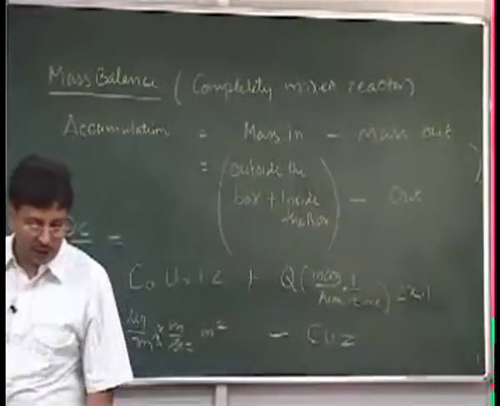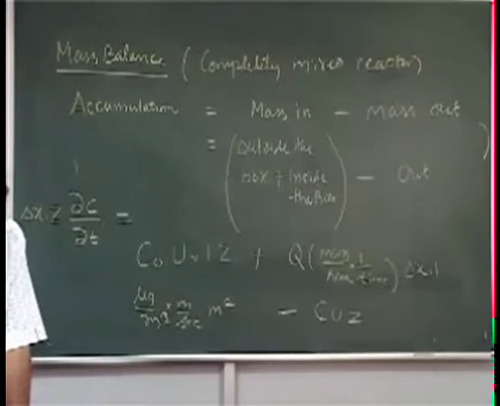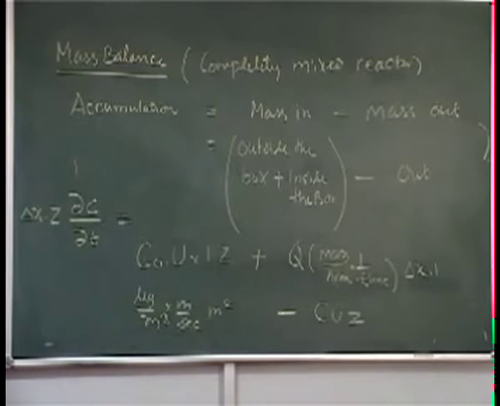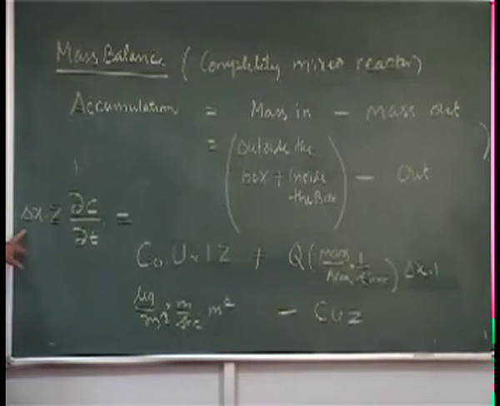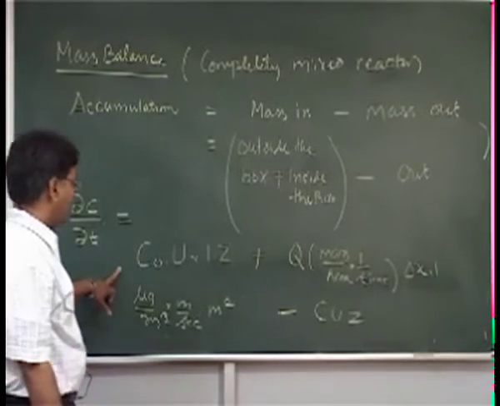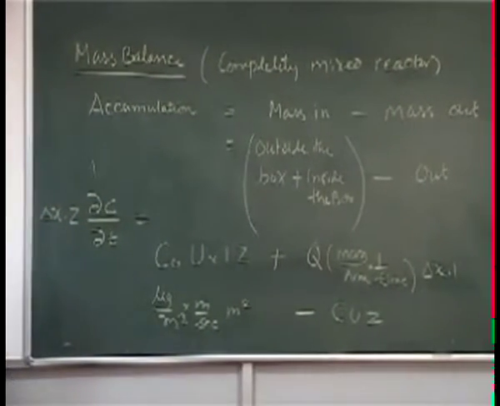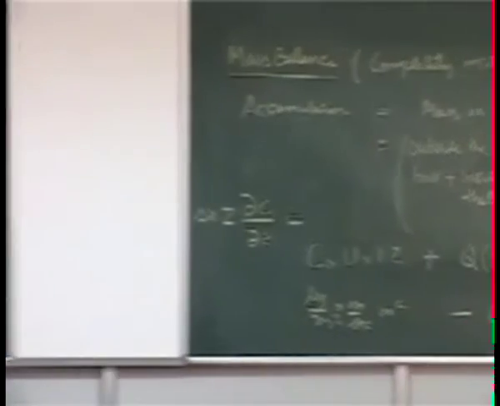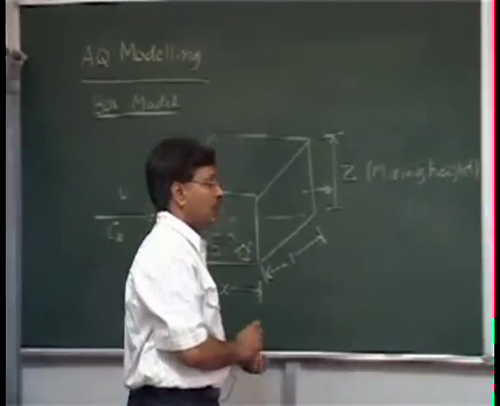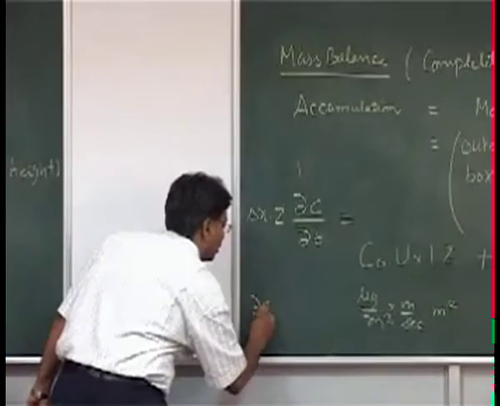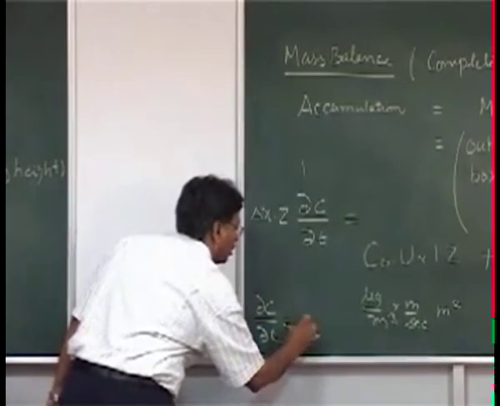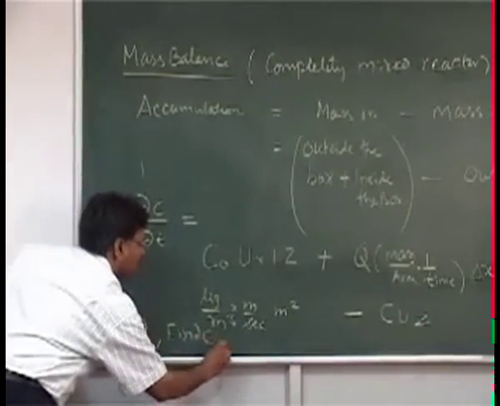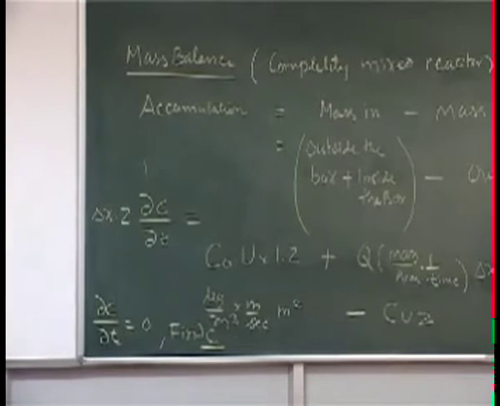Why don't you quickly check if everything is all right? That is fine. This is also fine. And now you can say the concentration is the steady state concentration, which we normally do. So I can put del C by del T equals 0. Find the concentration in the box. Can you quickly do that?